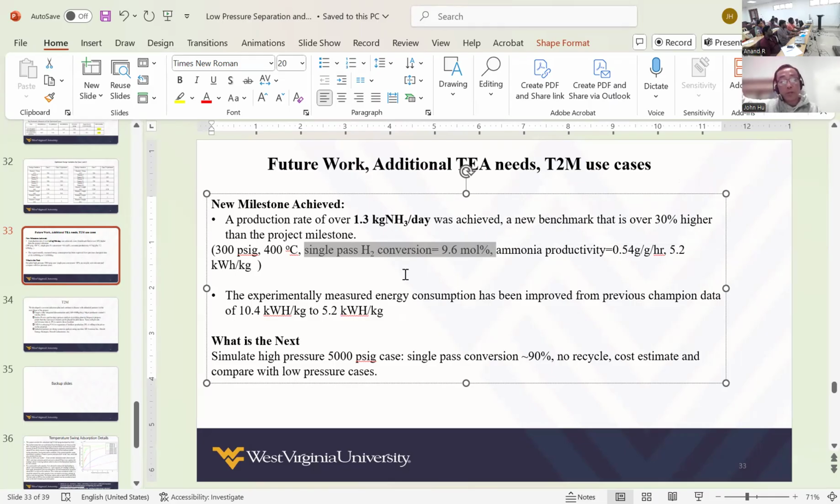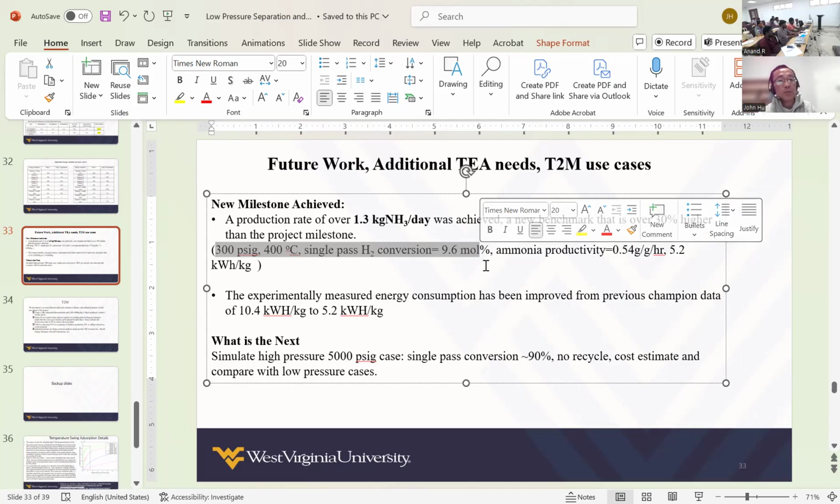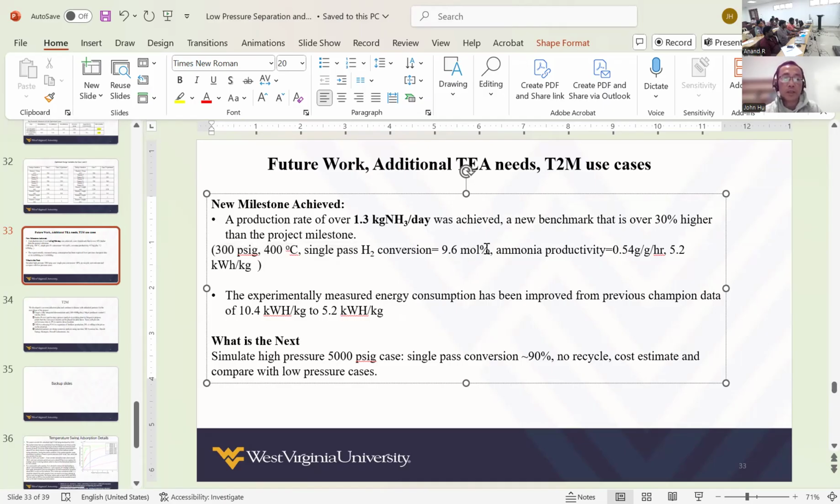If you measure the ammonia concentration, what is the single pass conversion of nitrogen or hydrogen? I think the answer at that time is 9.5 or something. That's based on our real data I gave to you. I purposely didn't show you the conversion, but I showed you the ammonia concentration at the back end. I remember the case study we did, 9.6 single pass conversion.